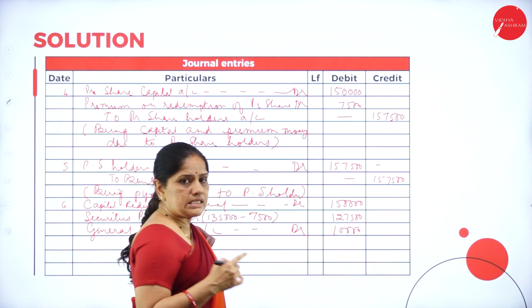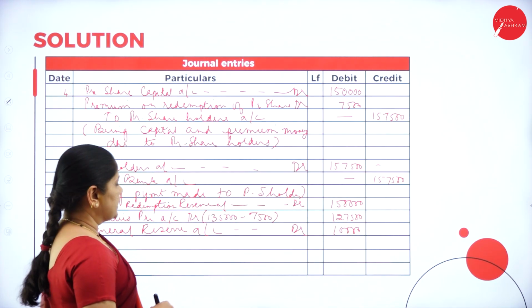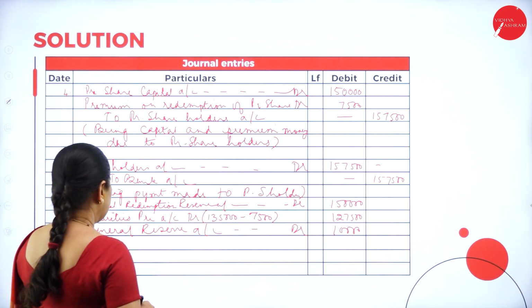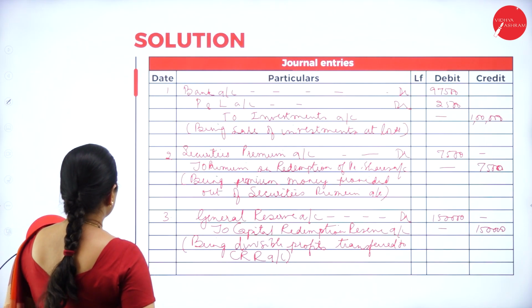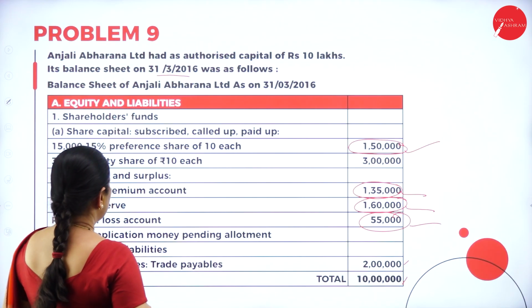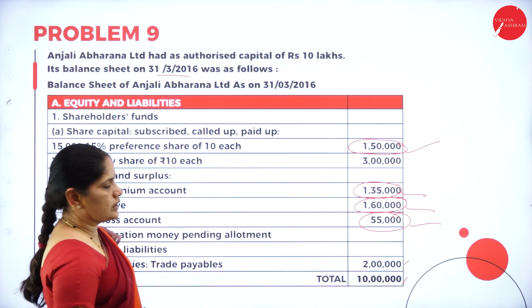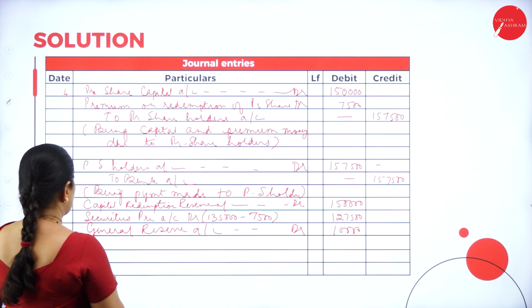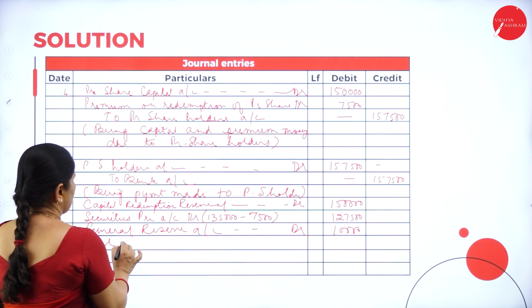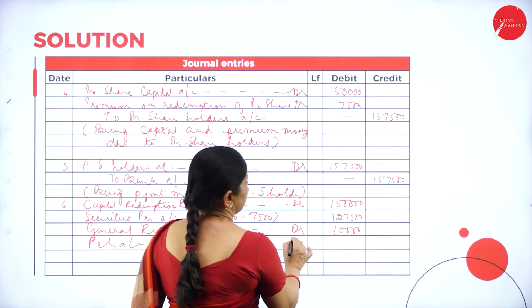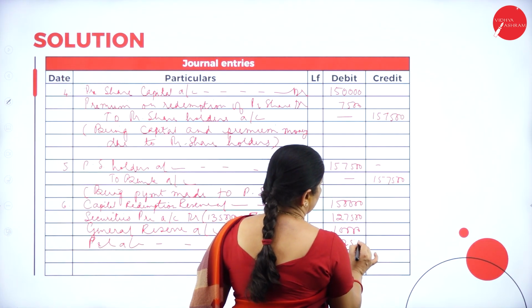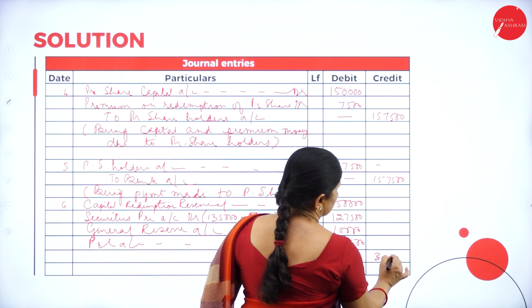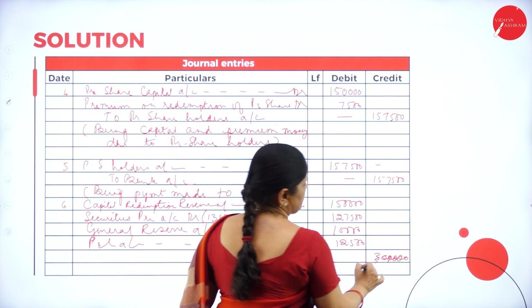How I got this 10,000, I'll explain in the working note. Then we have the profit and loss account, out of which we have utilized 12,500. The total issue is 3 lakhs.